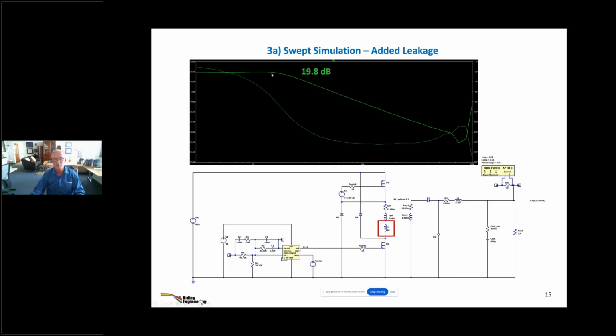I knew that adding leakage was going to do that. This is not intuitive to anybody that hasn't worked on this. So how did I know that leakage was going to do that? The question is why? Why does leakage dampen the resonance of the circuit? Because that's not at all apparent.